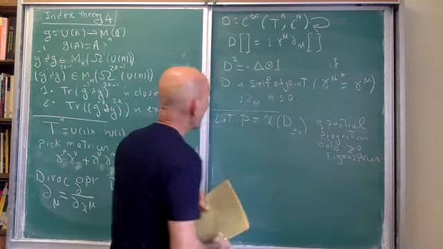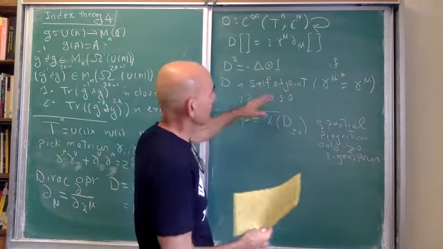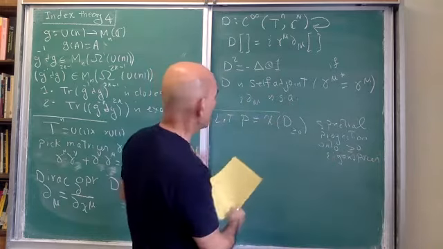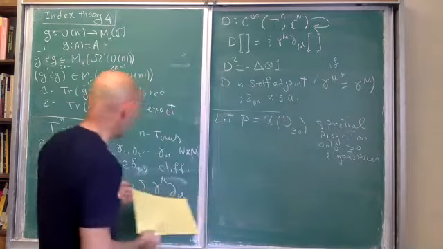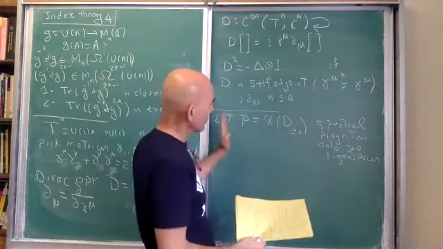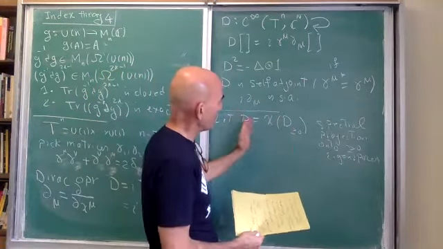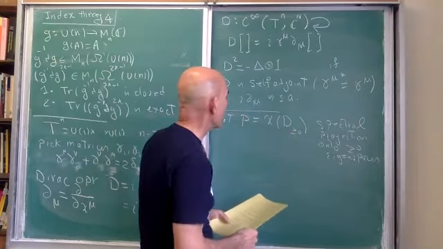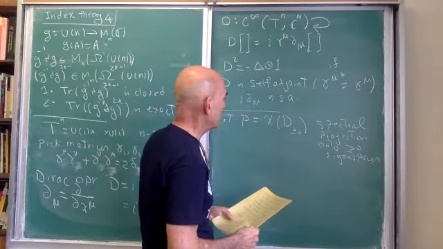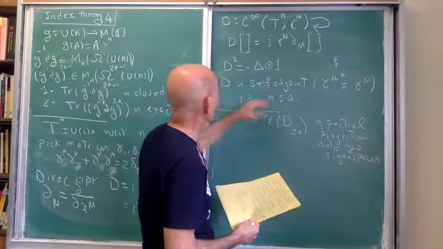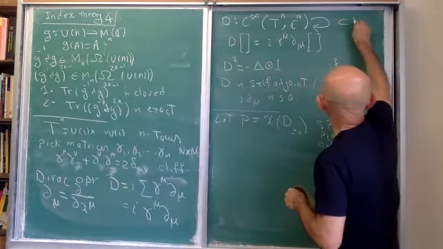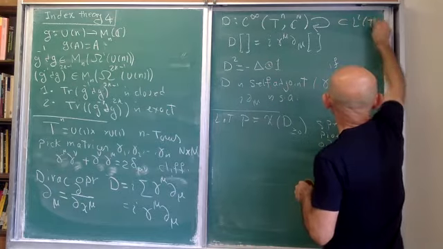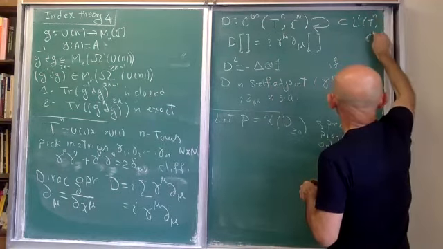This operator, because it's self-adjoint, has positive eigenvalues and negative eigenvalues. In fact, this is more than self-adjoint, is what I'm saying. But just cut down the negative ones and pick the positive, the subspace of the L2 Hilbert space. This is, by the way, inside L2 of Tn and Cn.